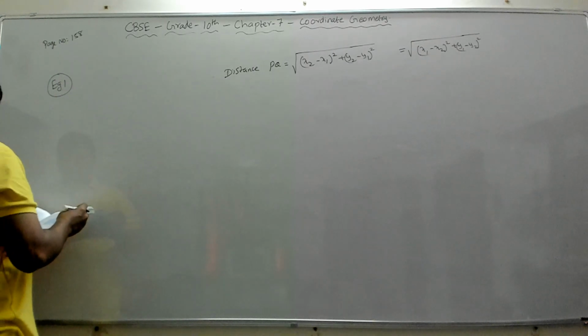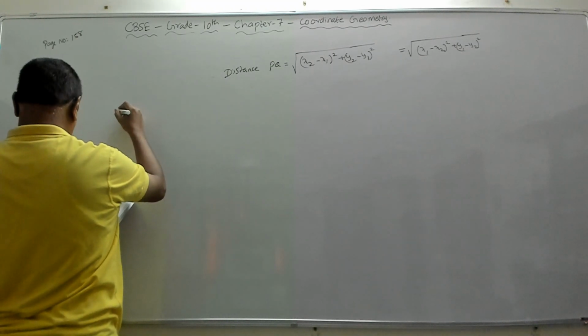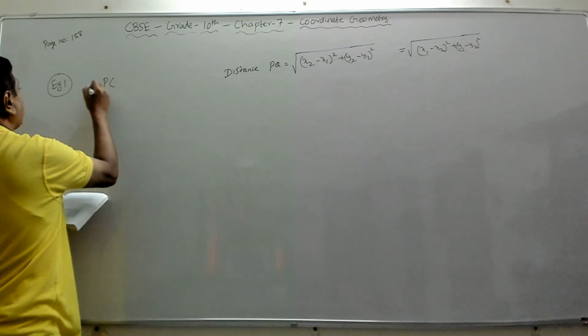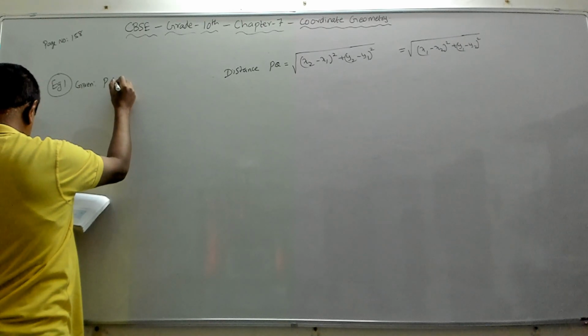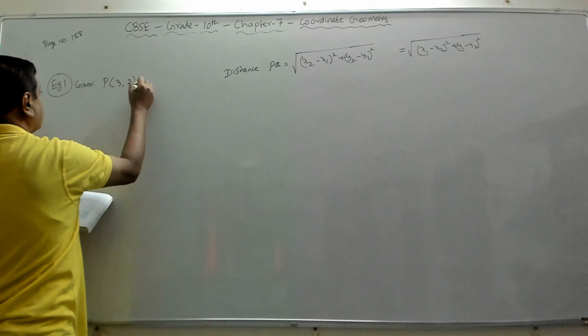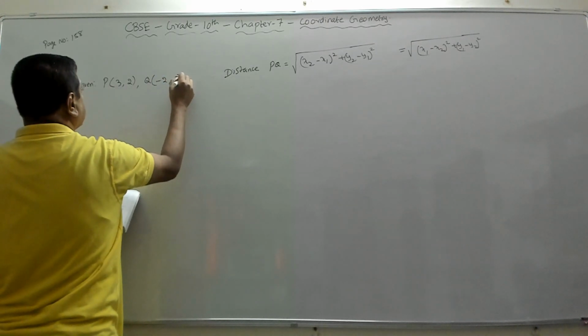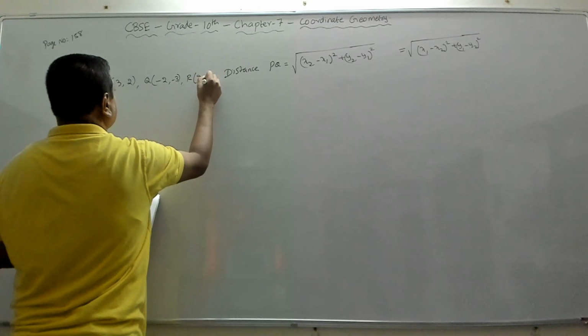So there are 3 points that are given. Suppose we call them P, Q and R. What is given in the question is P(3, 2), Q(-2, -3) and R(2, 3).